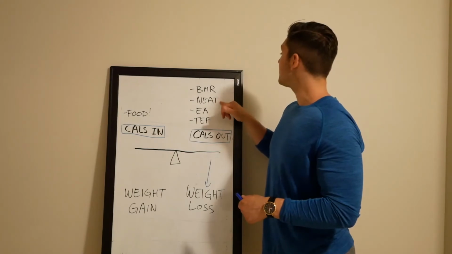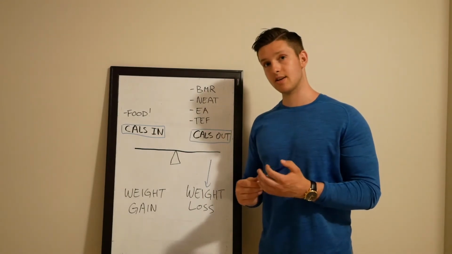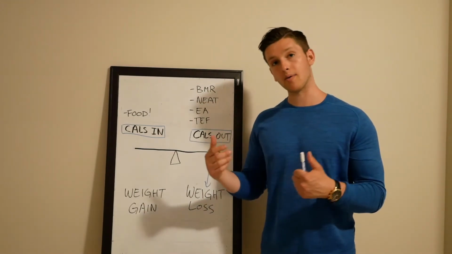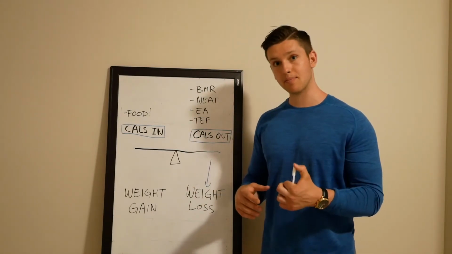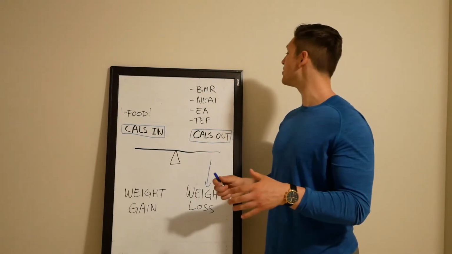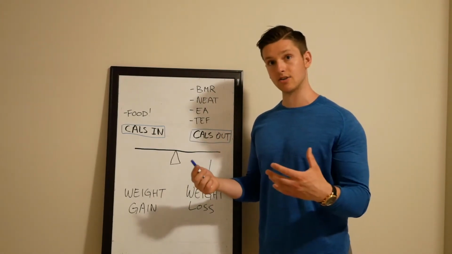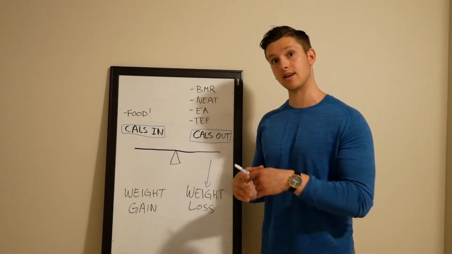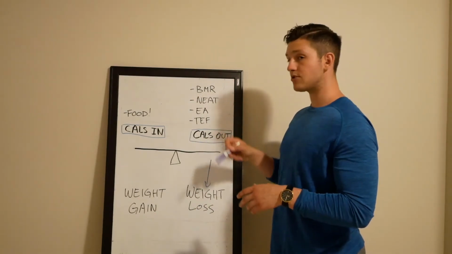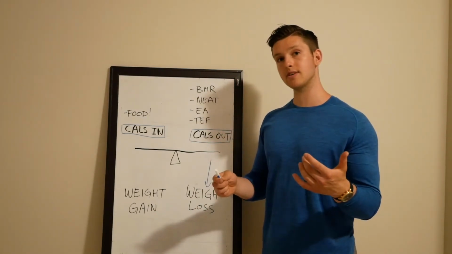NEAT, so the non-exercise activity thermogenesis. So simply going on more walks, lots of people like to use a step counter. These are all ways to ensure that we're burning more calories throughout the day. Maybe you're taking the stairs instead of the elevator at work, things like that. Exercise activity, I think this is a pretty obvious one.